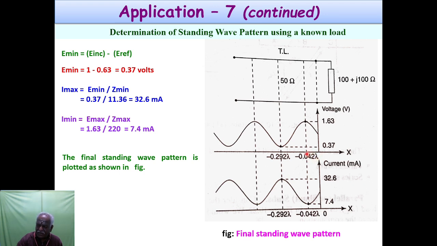If you add lambda by 4 distance, again you will get the successive minima, at 0.292 lambda. So this is the voltage minimum. This is the voltage maximum. Voltage maximum value is 1.63 volts. Voltage minimum value is 0.37 volts. So this plot is understood now.